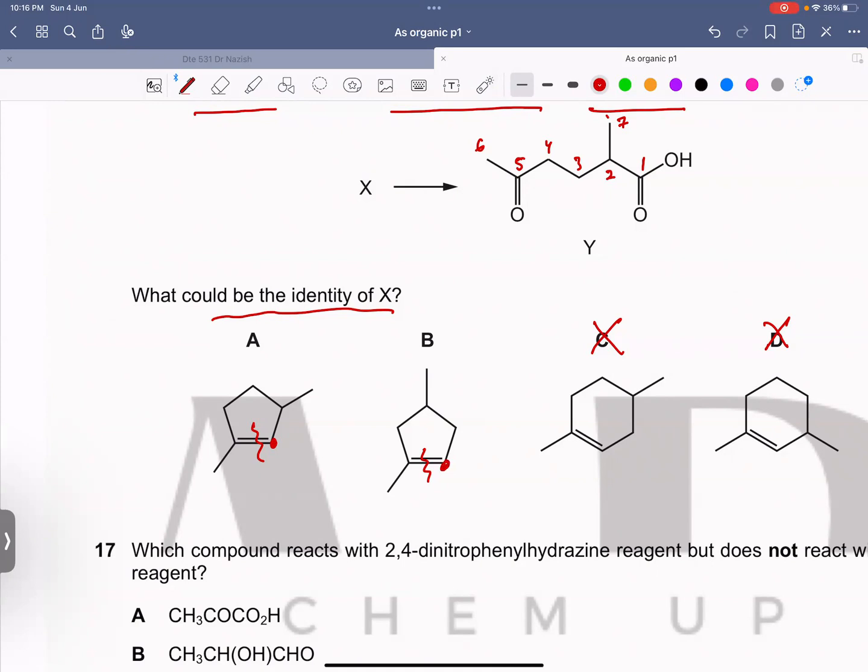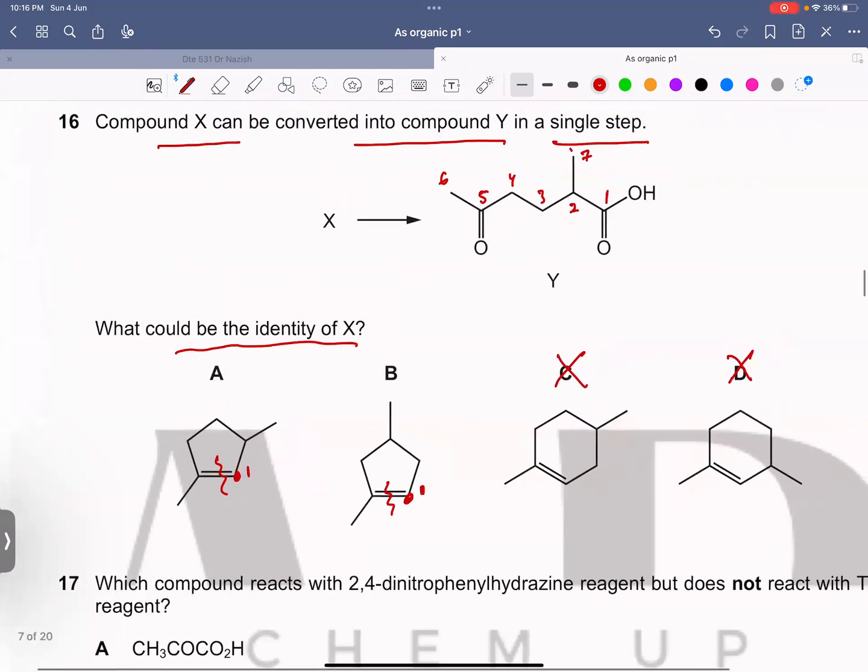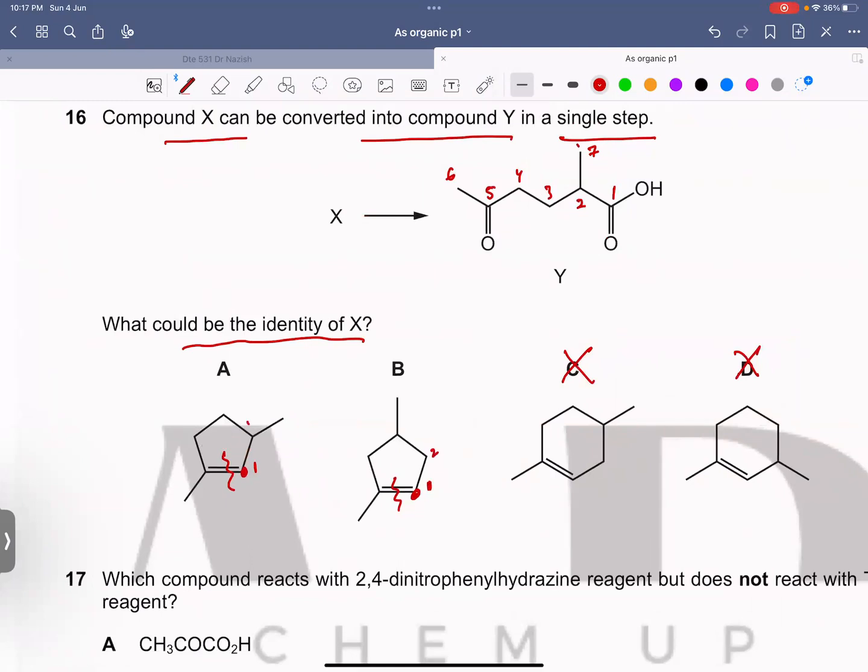So this carbon can be carbon 1 which I have mentioned in Y. Then this could be a second carbon, and this could be a second carbon as well, right? So in B, the second carbon doesn't have a branch, and in A the second carbon has a branch, which lets us figure out more quickly that A is correct and B is not. So A will be your answer in this case.